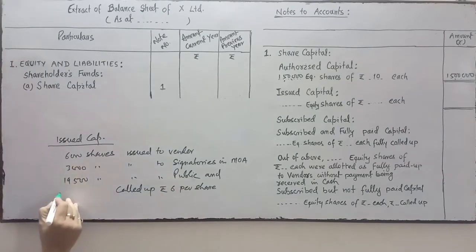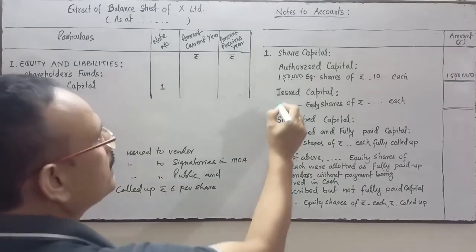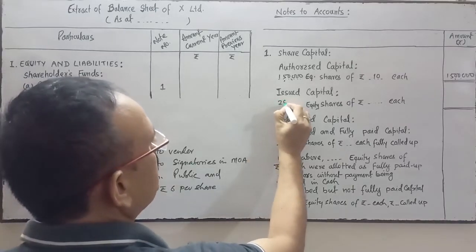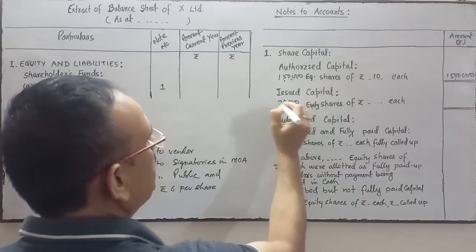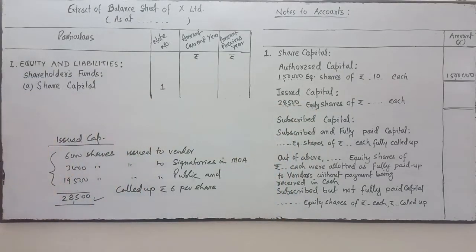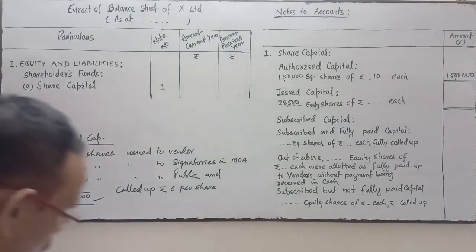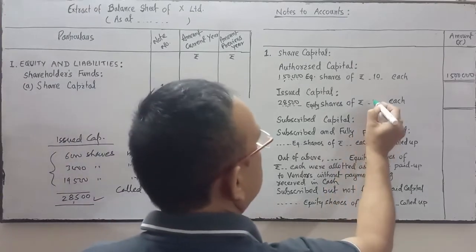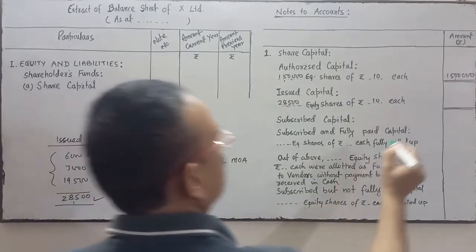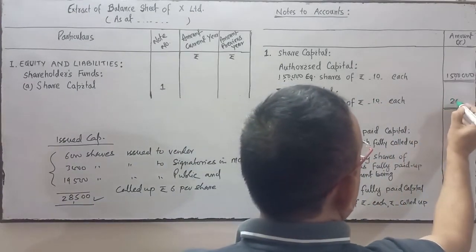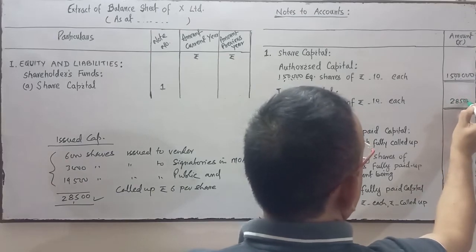Issued capital is the total number of shares the company has issued, which is 28,500 shares of rupees 10 each. So it is 2,85,000.